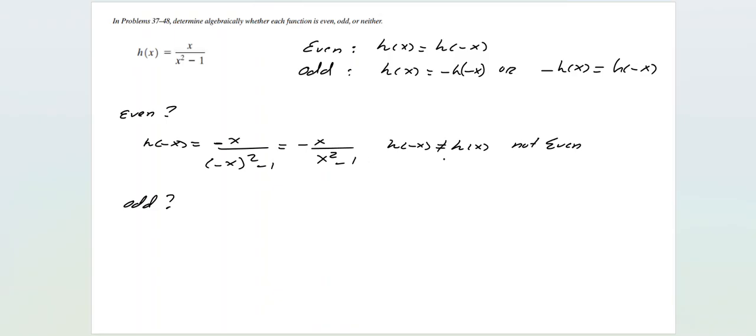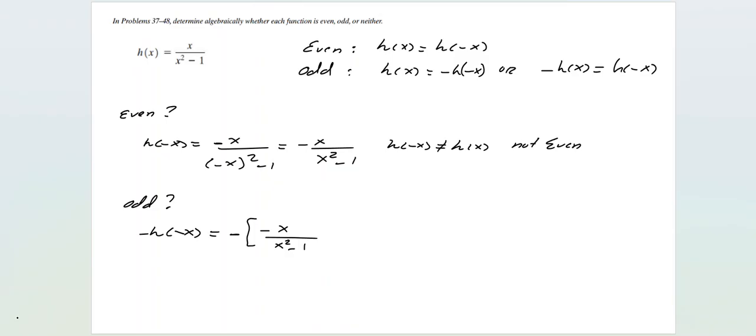So you already know h of minus x, so the only thing you have to do to find minus h of minus x is to multiply the function you got here, when you were trying to find if the function was even, so to get this h of minus x, you multiply that by minus 1. So this is minus, and then the function: minus x over x squared minus 1.